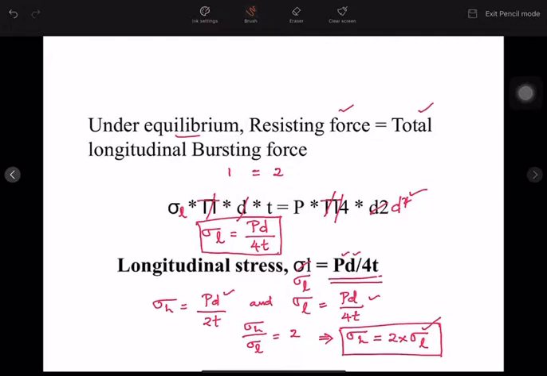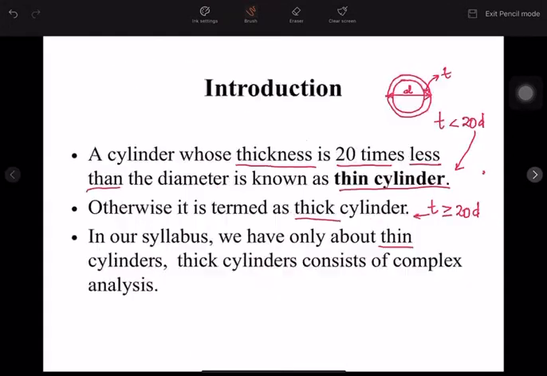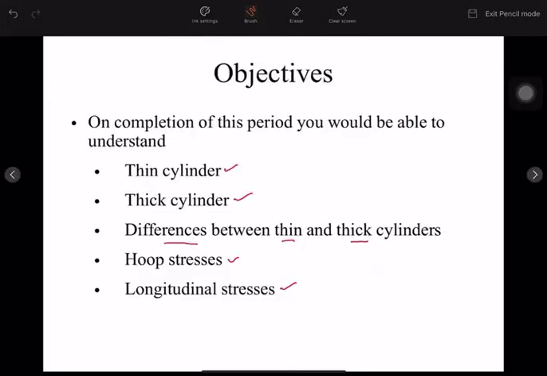As I have mentioned earlier, in this tutorial we achieved the following objectives. We have learnt what is meant by a thin cylinder, and we have seen what is meant by a thick cylinder.